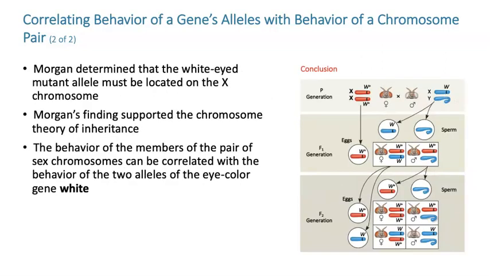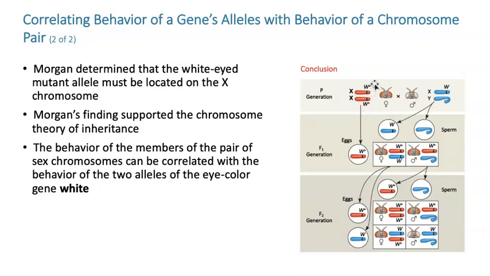And so he figured out that the way this would work is if the gene was located on the X chromosome. So fruit flies do determine sex very similar to the way we do with X chromosomes and Y chromosomes. And if you look at the symbols here, you'll notice the X chromosome and Y chromosome. But the name of the alleles is a little different, and I wanted to point this out.